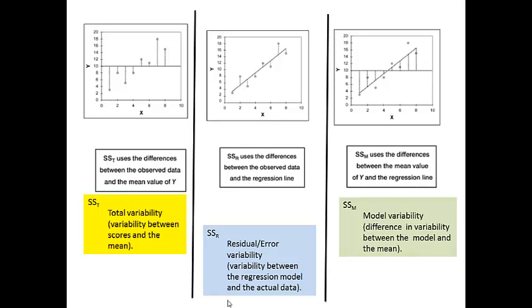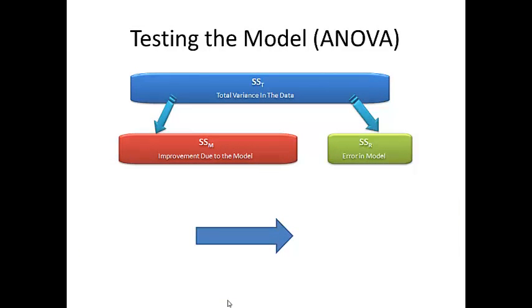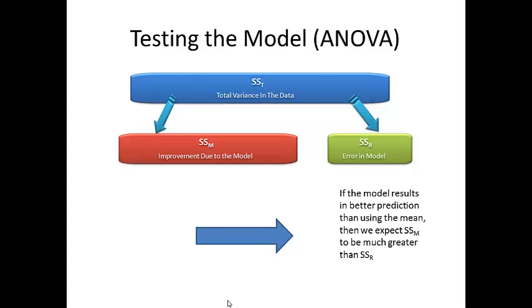SPSS will calculate the sum of squares total, the sum of squares residual, and the sum of squares of our model. The important point to remember: if the model results in better prediction than using an average, we expect the sum of squares of our model to be greater than the sum of squares of residual or error.